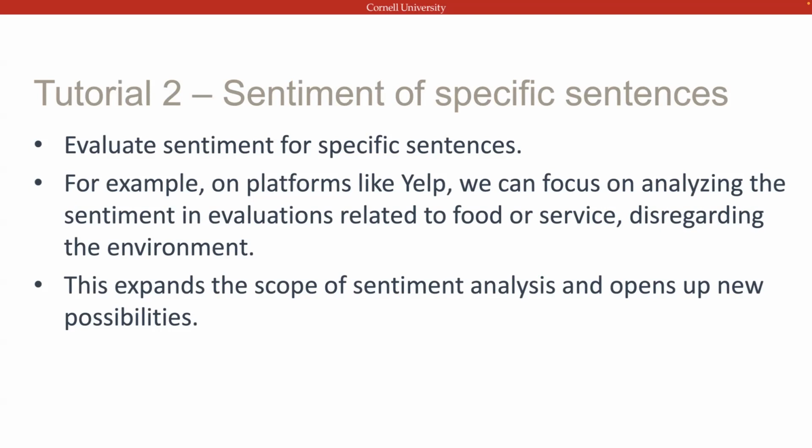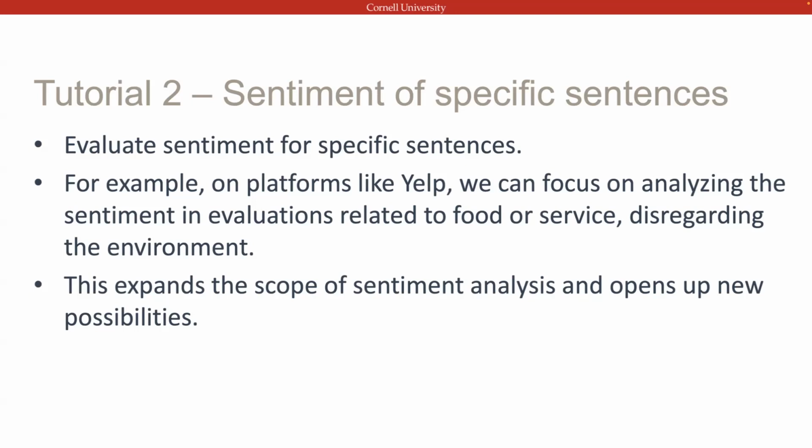Let's take Yelp, for example. We might be more interested in measuring the sentiment expressed in reviews about food or service rather than the environment or the overall ambience. So it's like narrowing down our focus to extract meaningful insights. And that's where tutorial 2 comes into play.